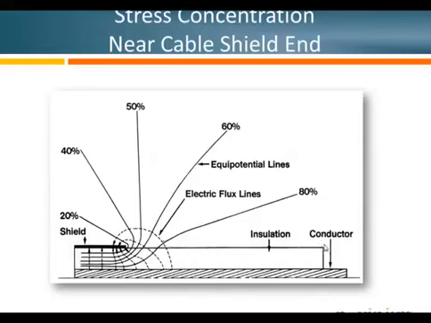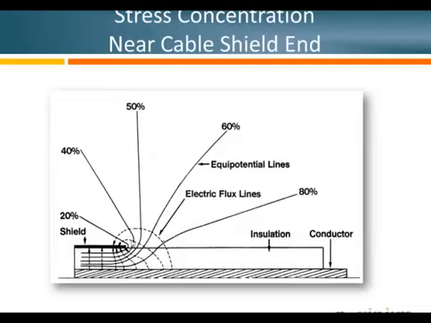On a 15 kV, 175 mil cable, 175 mils of distance is not enough to insulate and keep it from flashing over that higher voltage.